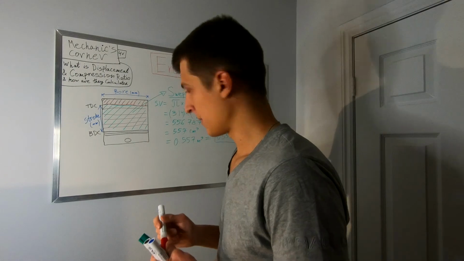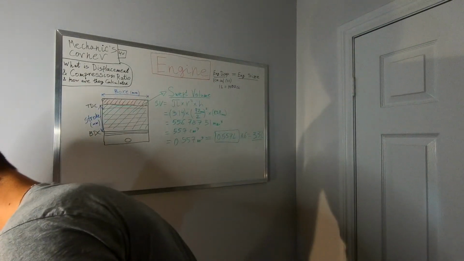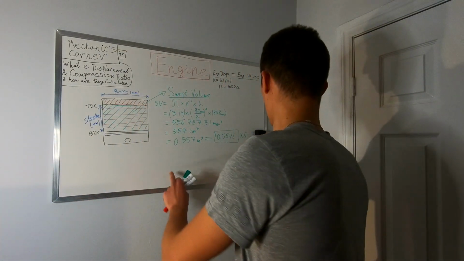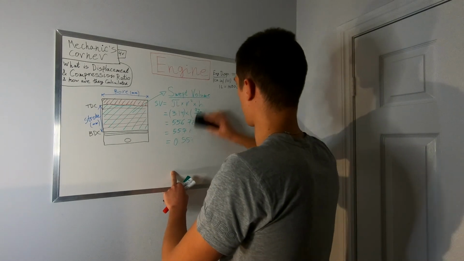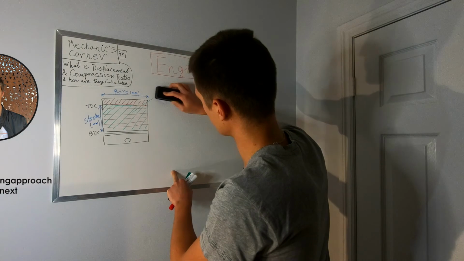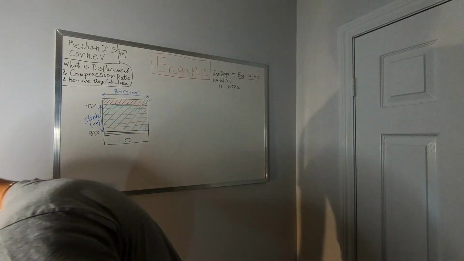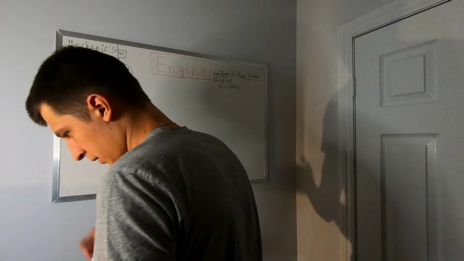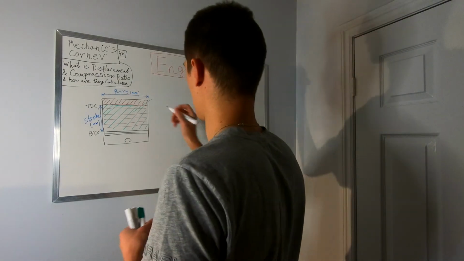So, for example, for the Elantra, because you can search up the compression ratio for different engines and different cars. For the Elantra, the compression ratio, so we're going to write it out.